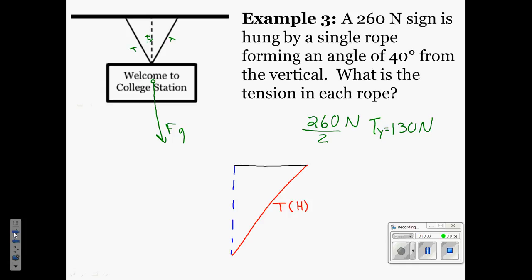It said the vertical, so the angle is formed from the vertical, which is down here, 40 degrees. That means this invisible line is my big T, little y, which we already discovered is 130 newtons because we had to divide the FG of the sign by 2 because there's two sides there.